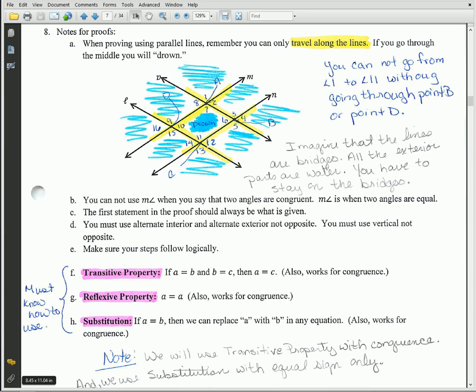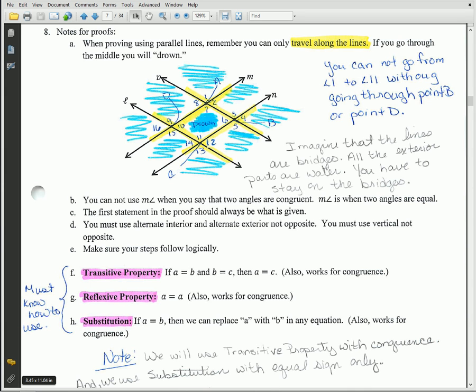Okay? If you're not on the line, then you are drowning because you're in the water. You can only go from point A to point C by going through B and D. You have to stay on the lines. If you get off the lines or jump across, you will drown.